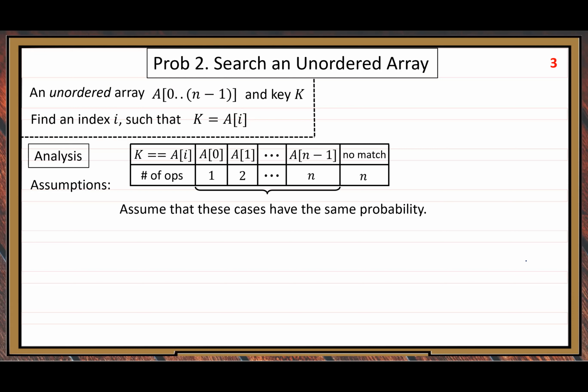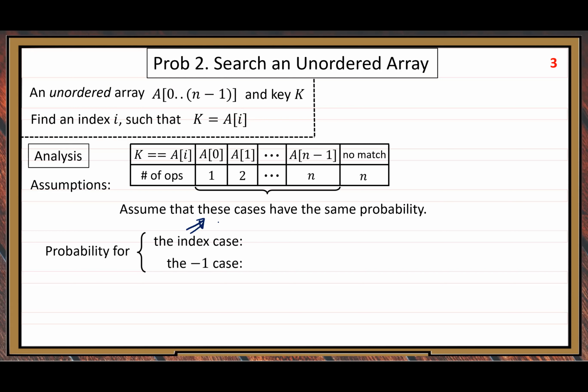But regarding the last case, the no match case, we need another assumption. The index case. Now, what's the index case? The function returns a valid index value.